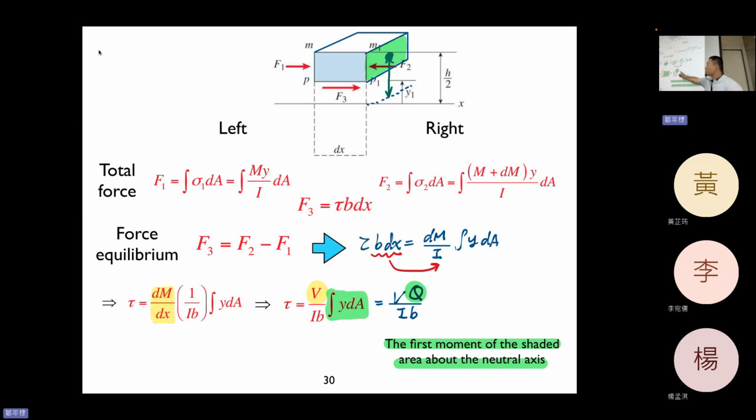This is the definition of Q. The area times its distance between the centroid and the neutral axis, the rotational axis. So for the Q, don't worry, just the area number times this distance. That's it. Don't think this is too difficult. The procedure is tedious, but the concept is okay.